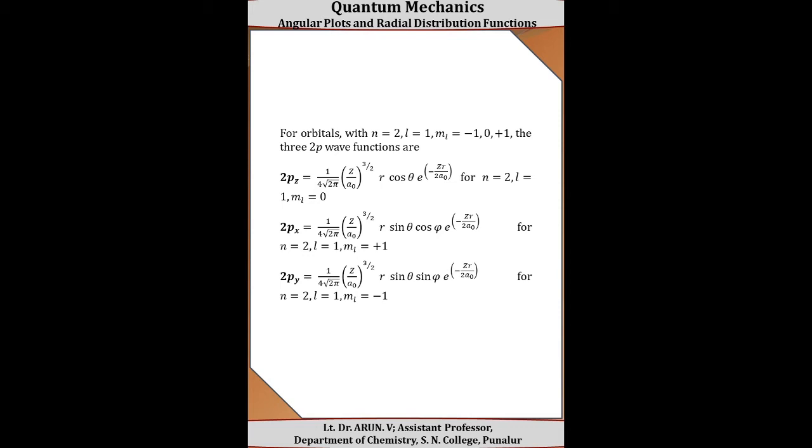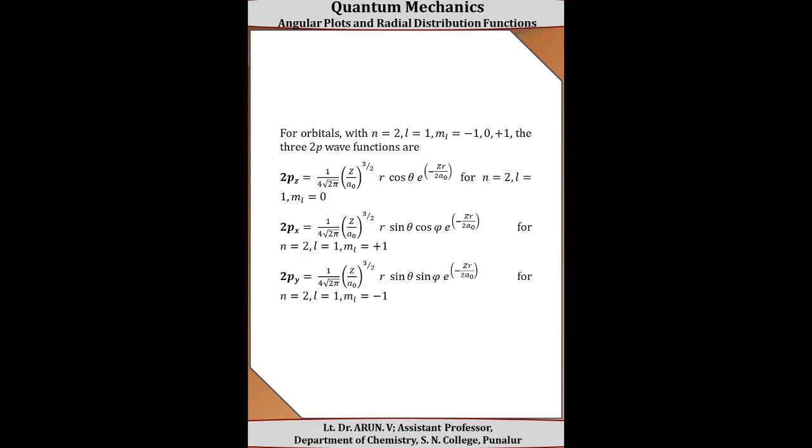The 2pz wave function has the real form 1 by 4 root 2 pi into (Z by a0) whole raised to 3 by 2 into r cos theta into e raised to minus Zr by 2 a0. Here n is equal to 2, L is equal to 1 and m_l is equal to 0.